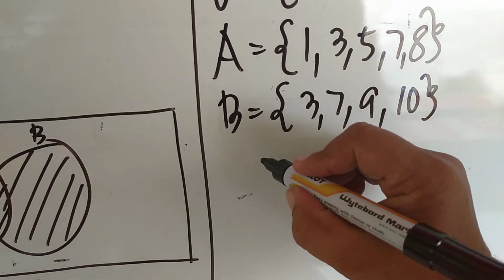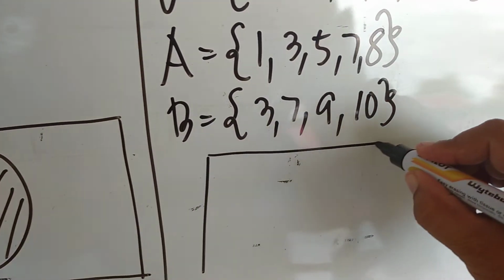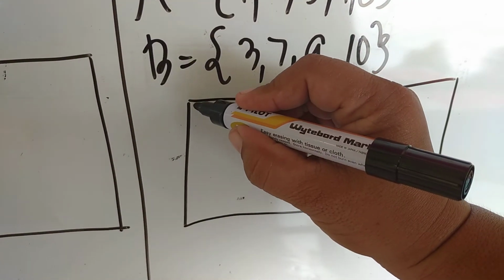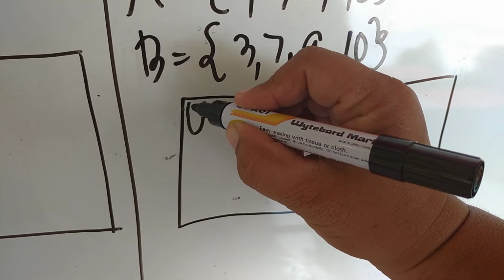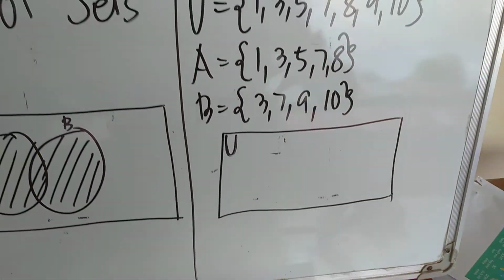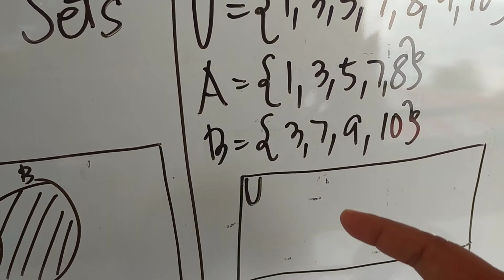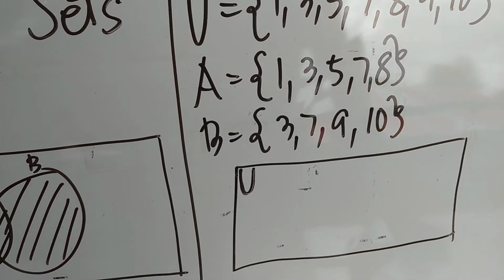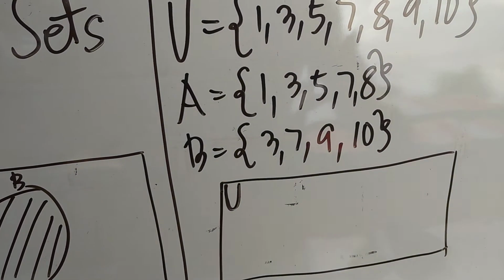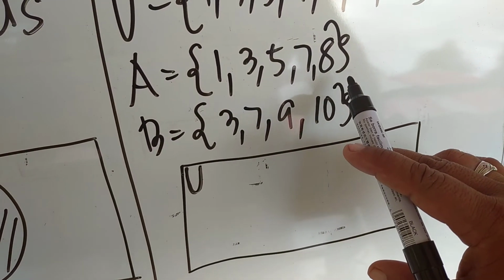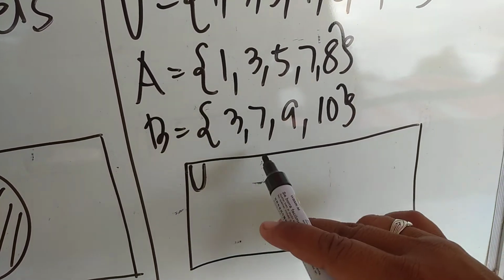So we have here, let us draw this first. Okay. So the universal set. Let us first identify the common elements between A and B. So we have 1, 3, 5, 7, 8, and then set B 3, 7, 9, and 10.